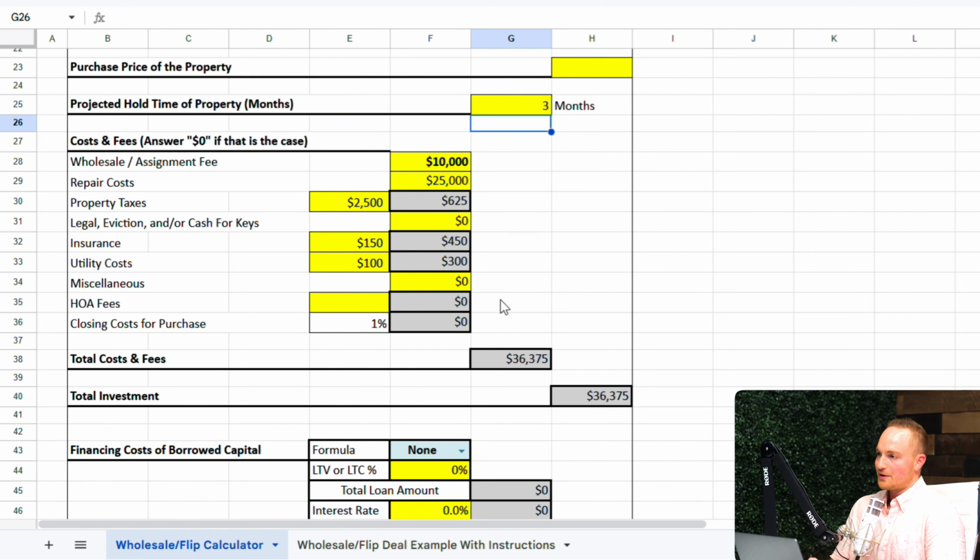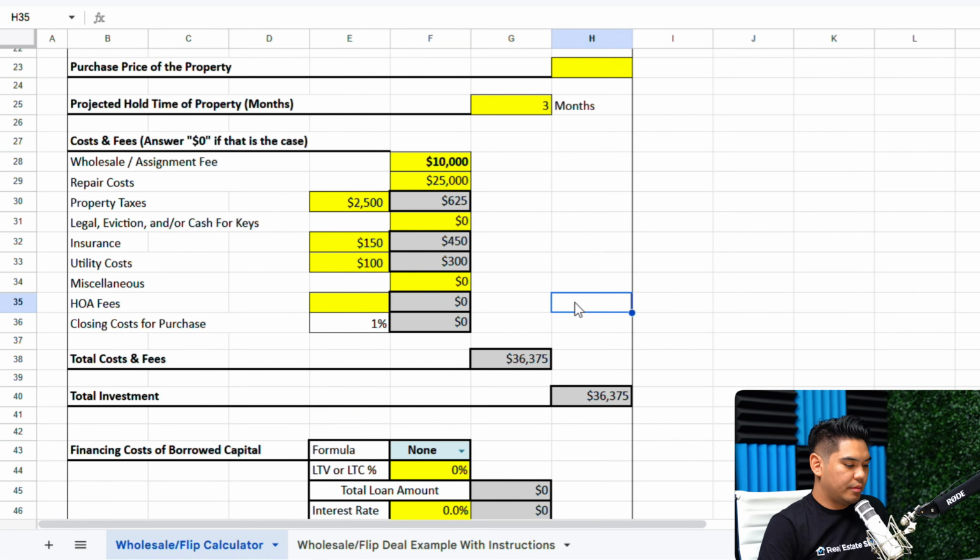For the property tax amount, we put in the annual rate, because that's typically what you get when you look up property tax info: the rate for the whole year. So our calculator factors in the precise number you're actually going to be liable for as the owner of this property for only 3, 4, 6 months, however long the project takes.